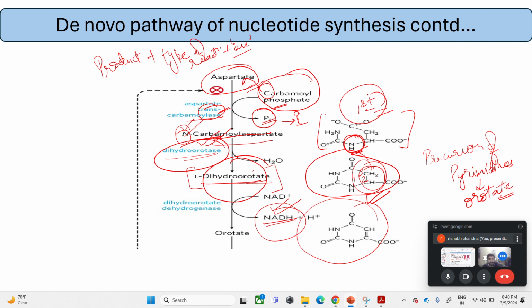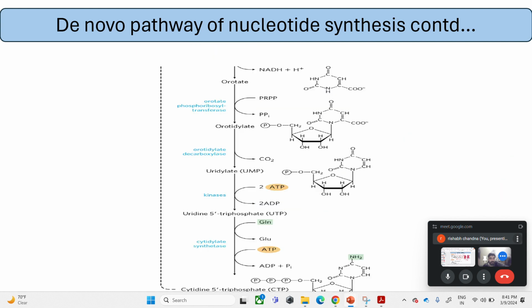Then this particular orotate basically is converted to orotidylate. Okay, so what happens? This pyrimidine molecule is attached to the ribose 5-phosphate in the form of PRPP, 5-phosphoribosyl 1-pyrophosphate.